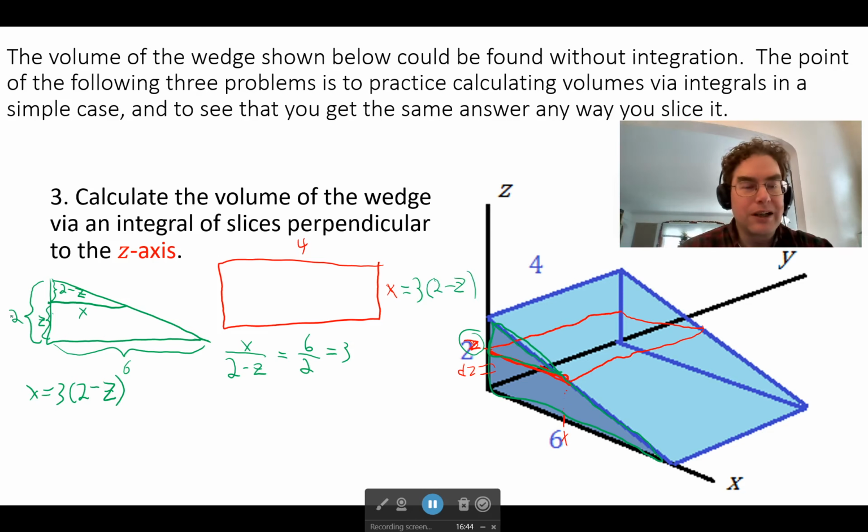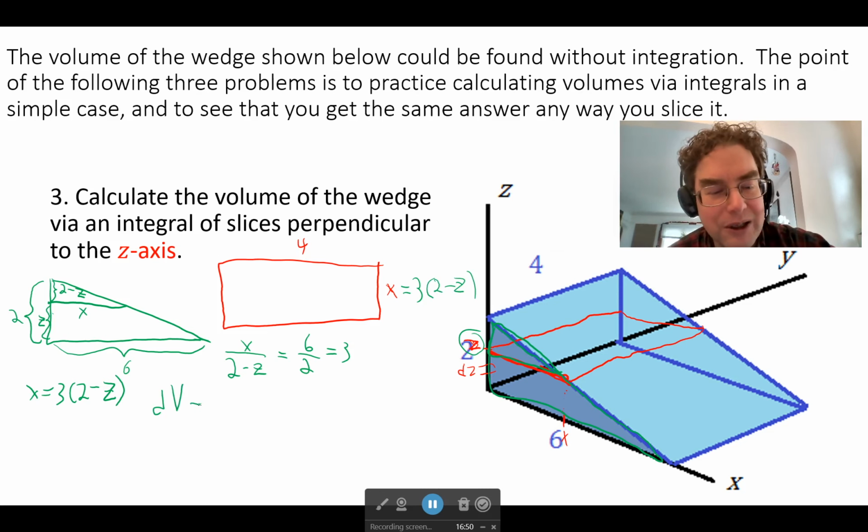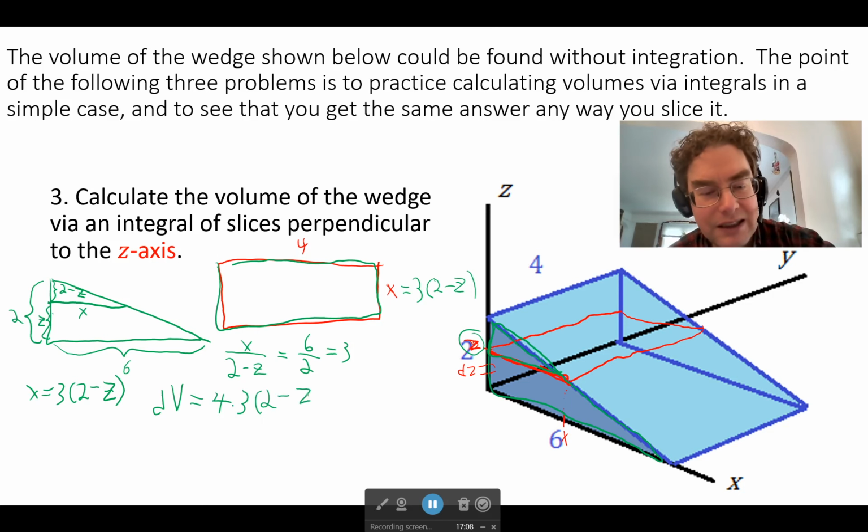Okay, and then from here we can go to area and then to our differential of volume. Let's just jump right to differential volume. In this case, it is going to be area. So we've got a rectangle. Remember, this is our shape over here. So it's going to be 4, which is that width, times the length, which is 3 times (2 minus z).